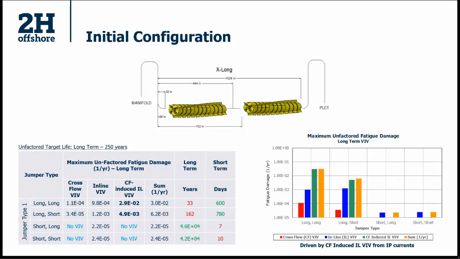On the other hand, for the short jumpers, which were really stiff jumpers, we were getting a really good long-term fatigue life, but we were not able to meet the short-term fatigue life, which was a target of 160 days. That's how long the 100-year current was expected to last in this field. So we had a problem on all 4 jumpers for both long-term as well as short-term VIV.